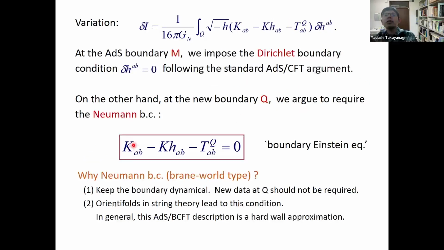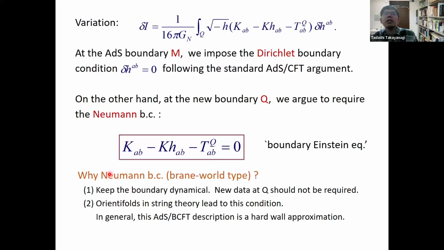K is the extrinsic curvature, the usual term when we take a variation of the metric, and this is the extra contribution from the matter fields localized on the brane, the boundary energy stress tensor. This is a boundary version of the Einstein equation, and it plays a very important role in the AdS/BCFT correspondence.